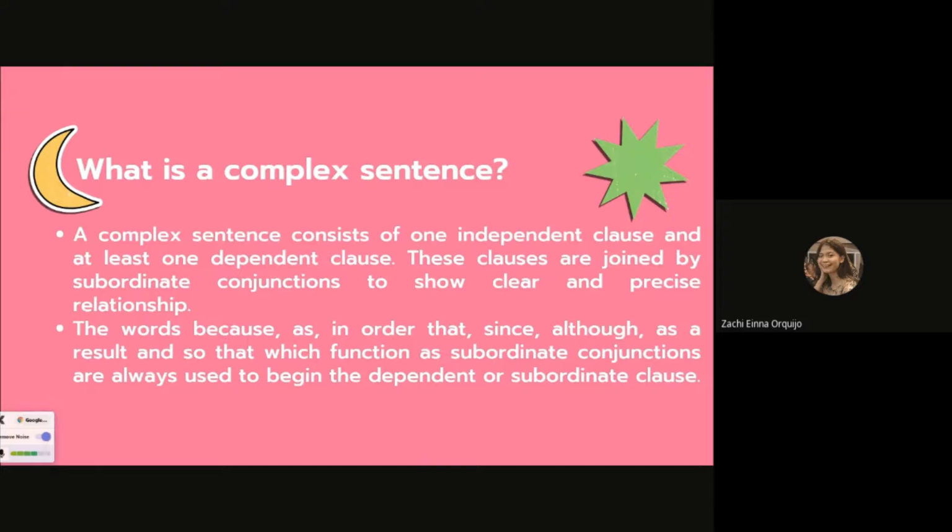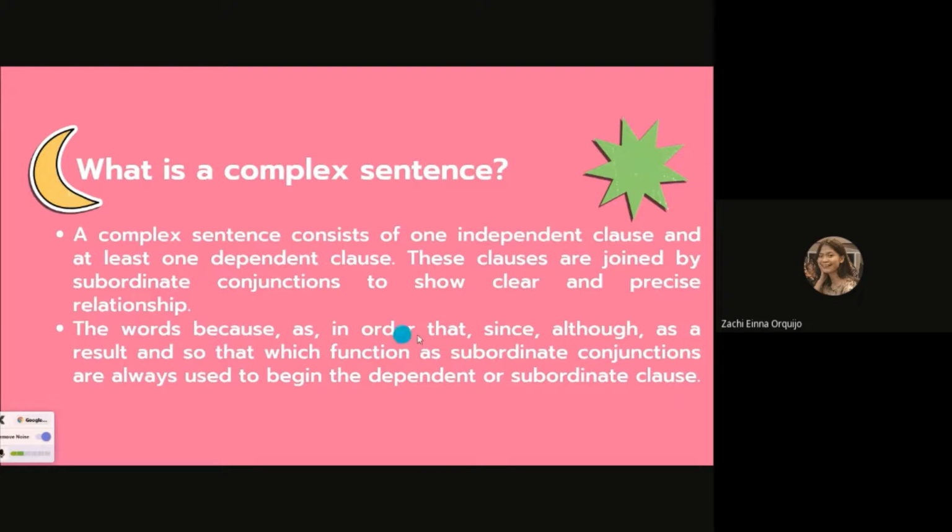So ano nga bang mga halimbawa ng subordinate conjunctions? Mga subordinate conjunctions na ginagamit natin to add one independent and one dependent clause ay because, as, in order that, since, although, as a result, and so, or so that.